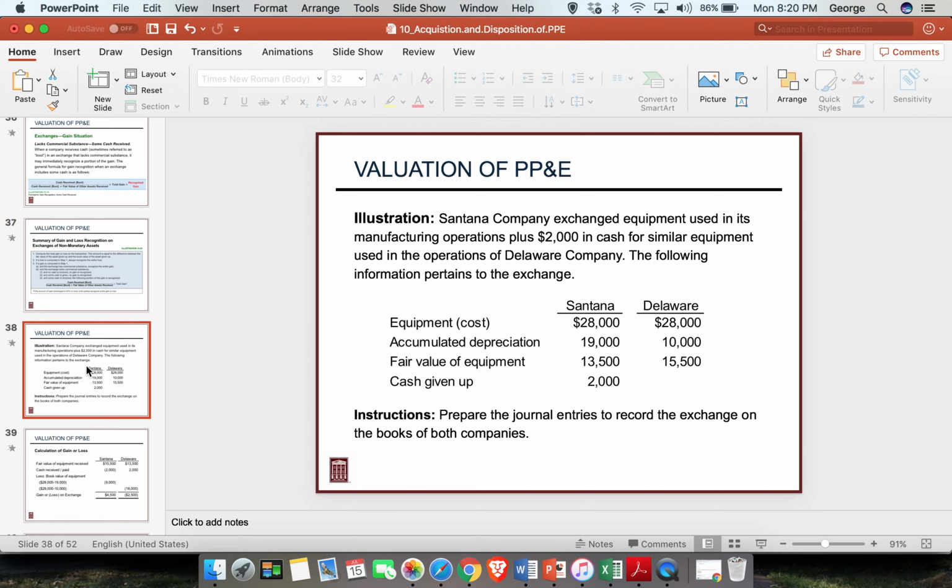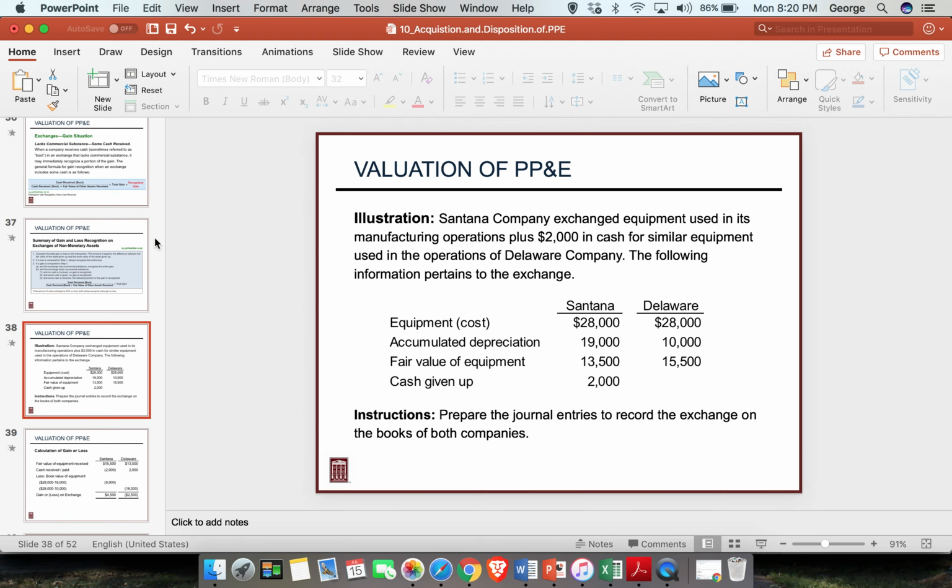All right. So Santana exchanged equipment used in manufacturing plus $2,000 in cash for similar equipment used in the operations of Delaware. The following information pertains to the exchange. So Santana gave up $28,000 of equipment. Accumulated depreciation was 19.